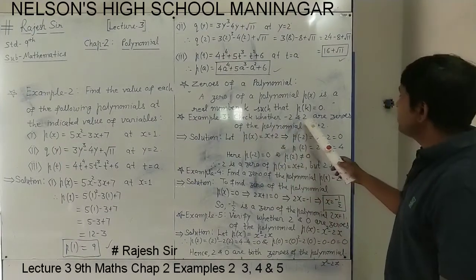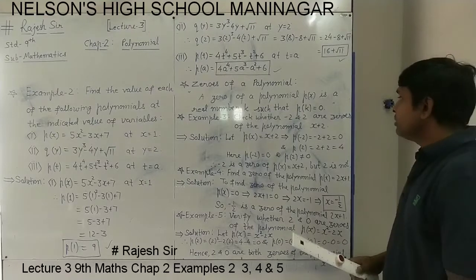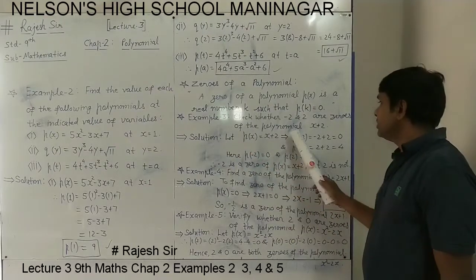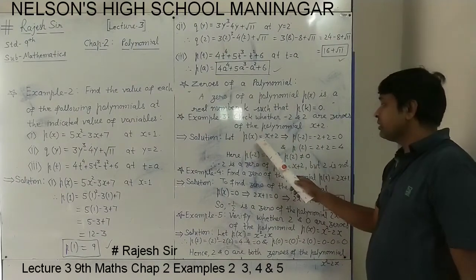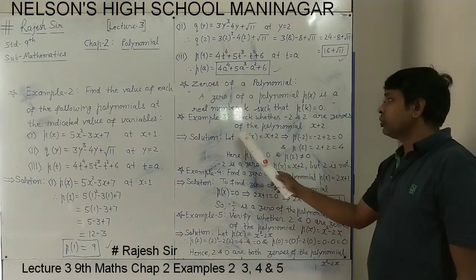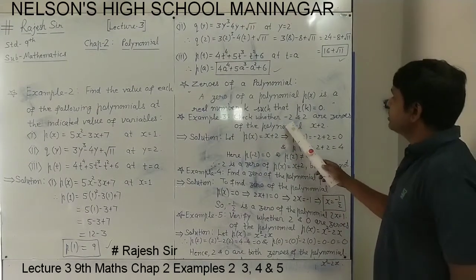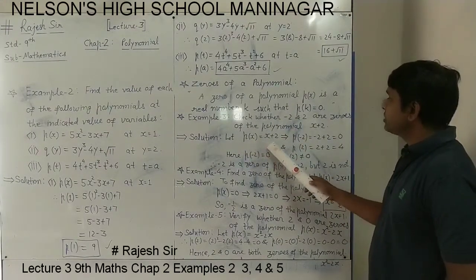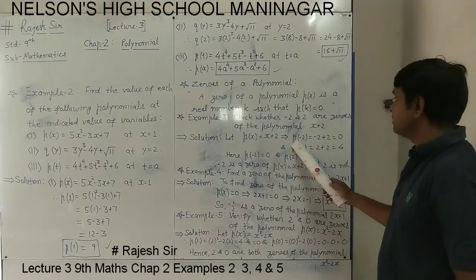Check whether −2 and 2 are zeros of the polynomial x + 2 or not. Solution: let the polynomial p(x) = x + 2. We will replace one by one the given numbers, −2 and 2. If p(x) is x + 2, what will be p(−2)?